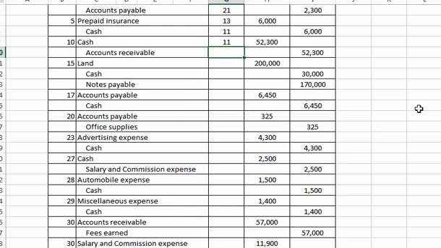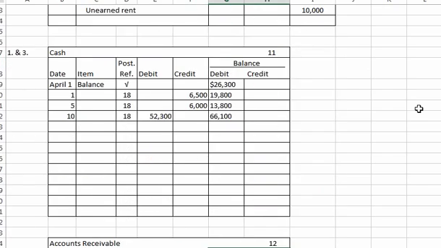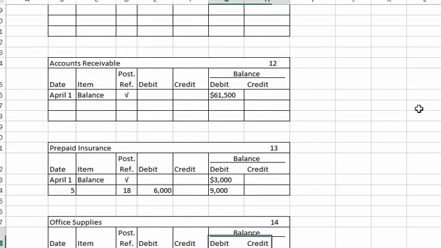Accounts receivable is a credit for 52,300 on the 10th. From journal page 18. It's a credit for 52,300. We got a debit balance and a credit entry, so we're going to subtract.